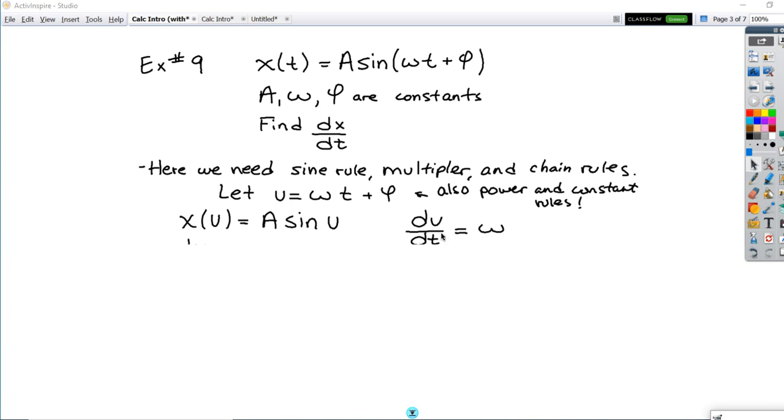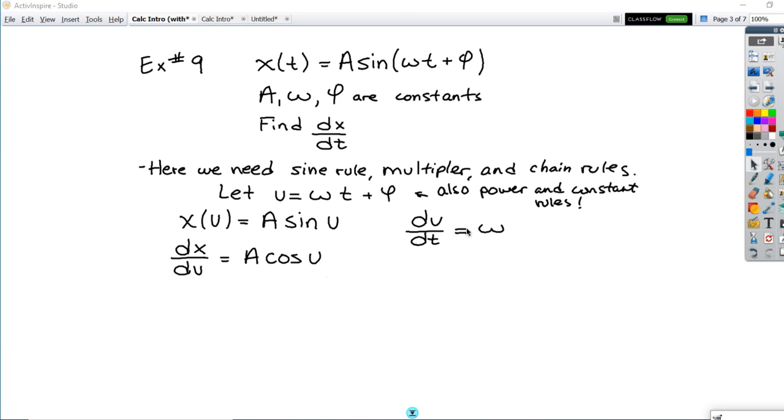Remember, we have to take the derivative of our u function. We get omega. We take the derivative of our x function with respect to u, and the multiplier rule says to just bring the a along for the ride, and our sine rule says the derivative of sine is cosine. So there we have our derivative.